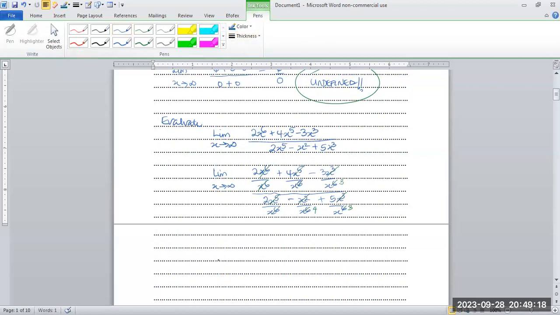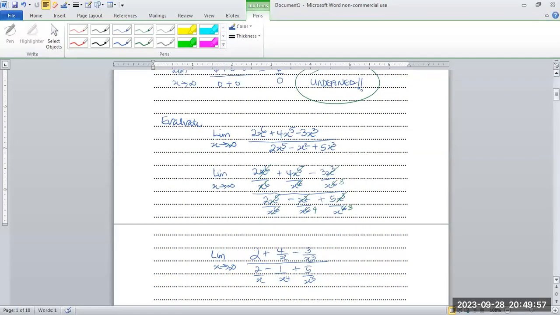And then I'm going to have a limit as x tends to infinity of 2 plus 4 over x minus 3 over x cubed, all over 2 over x minus 1 over x to the 4th plus 5 over x cubed.